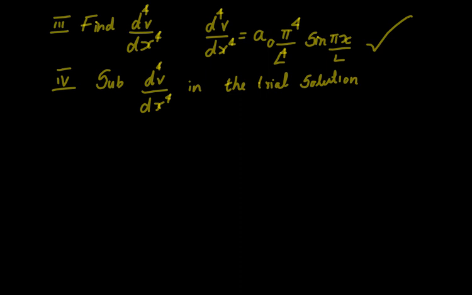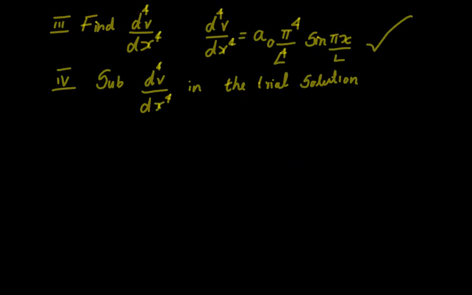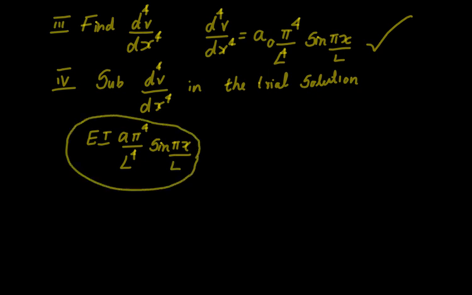So if you substitute the value of d power 4v by dx power 4 in the governing differential equation, you will be getting EI a naught into pi raised to the power 4 over L raised to the power 4 into sine pi x over L. So this expression here is EI into d power 4v by dx power 4 minus q naught, that should become 0. In other words, this term should also be equal to q.